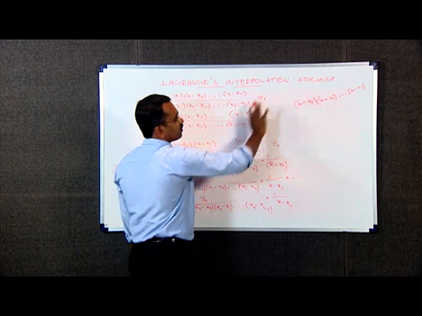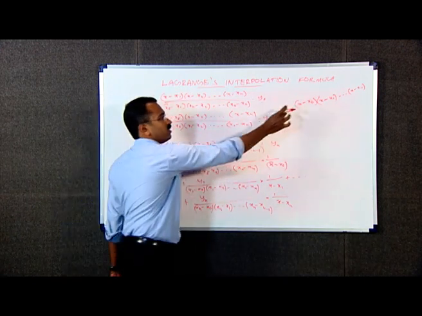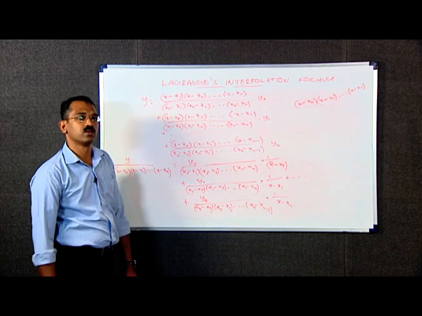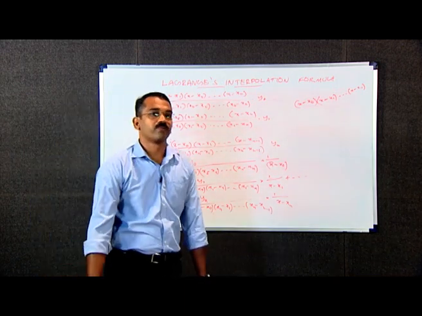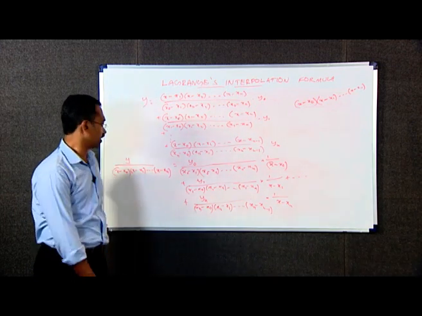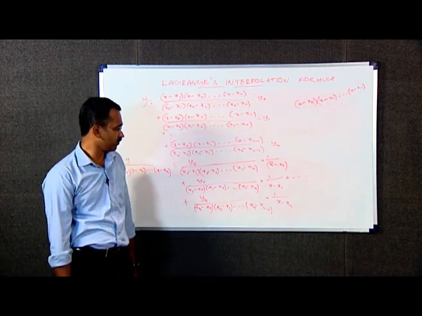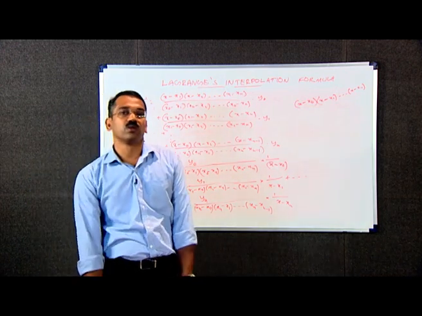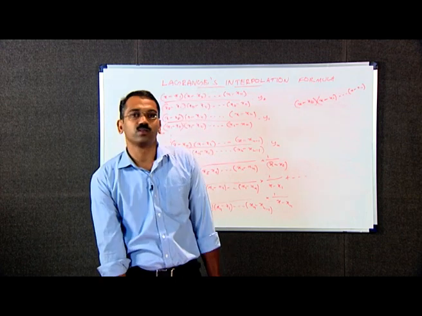If we divide on both sides by this product, we will get like this. This is an alternative formula for Lagrange's interpolation formula. We can use this formula also. Let me conclude this session.